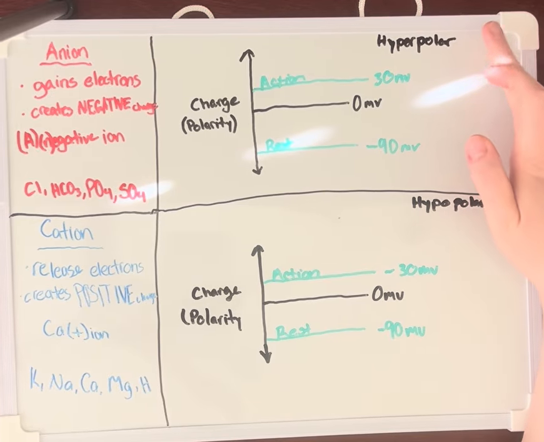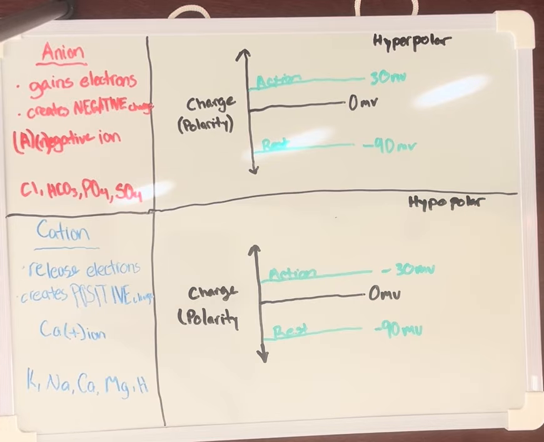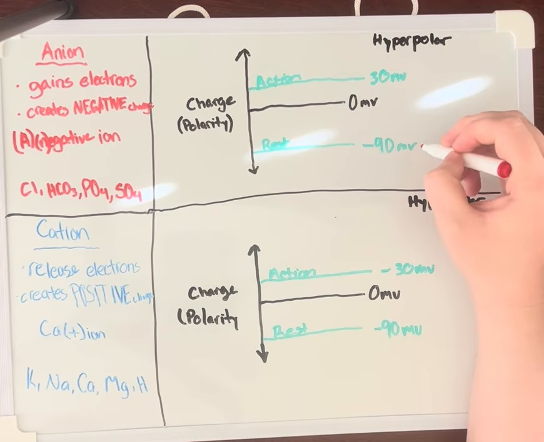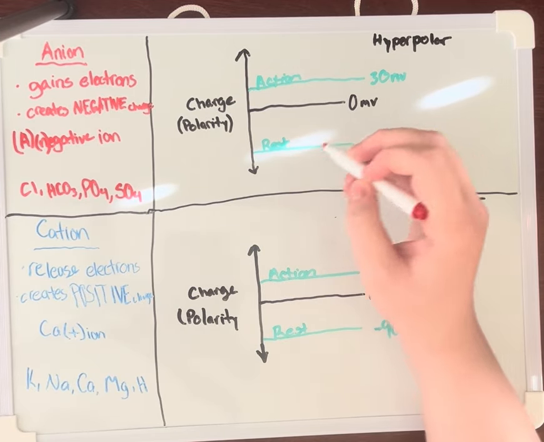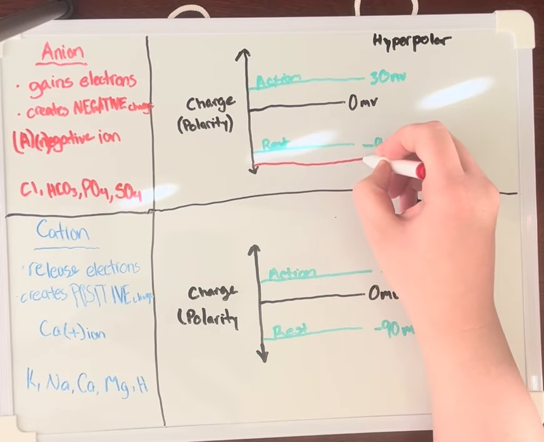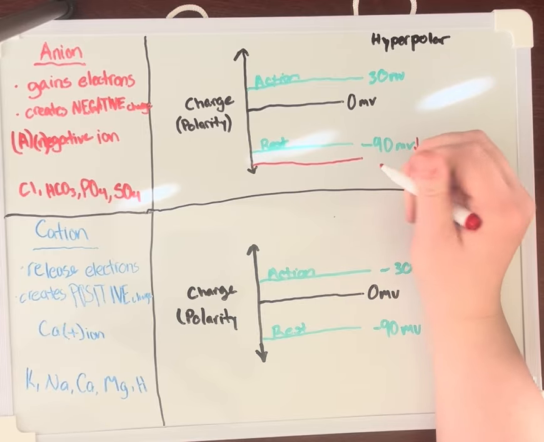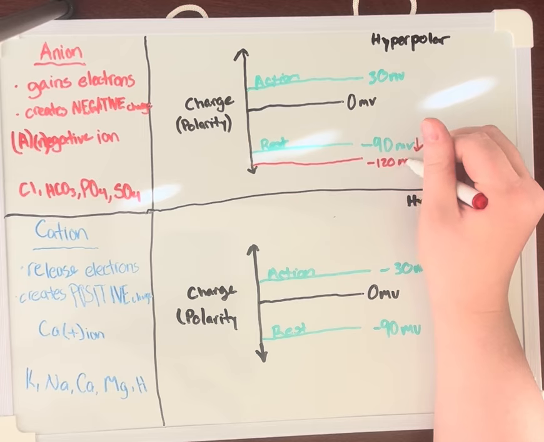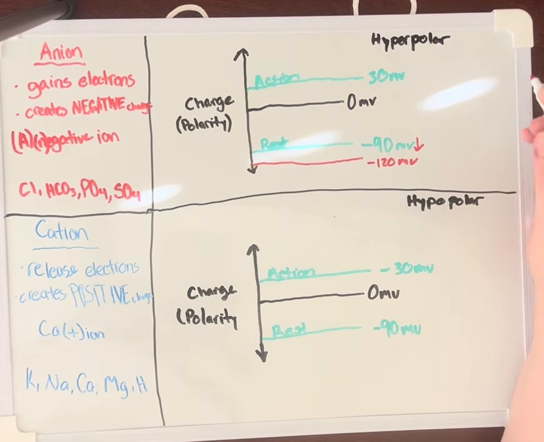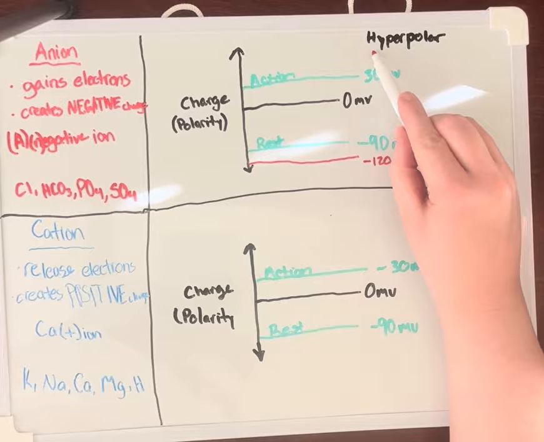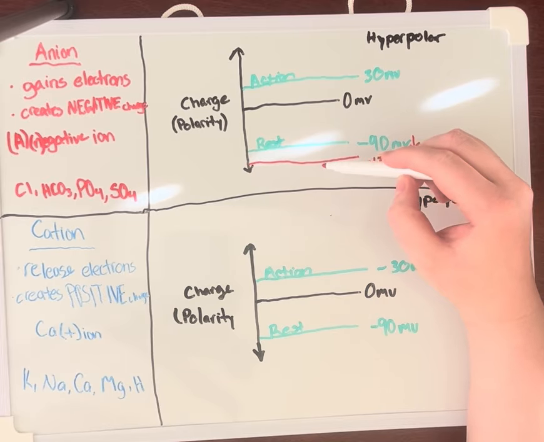So if we are hyperpolarizing this cell, it actually kind of messes with it and brings it lower. So all of a sudden your general resting is at, let's say, negative 120. I think that was the example given. Now, where this gets confusing is, obviously it says hyperpolar, but we're going down.